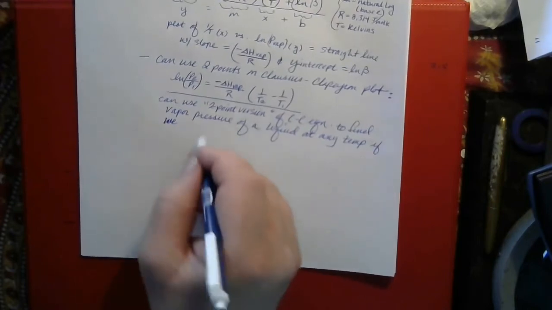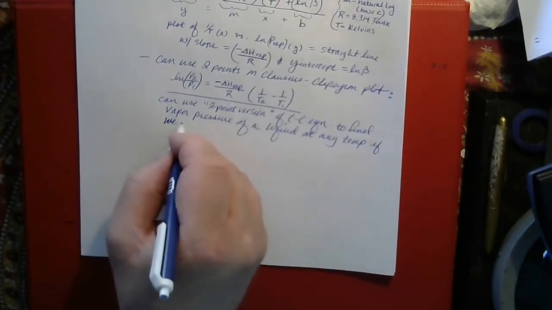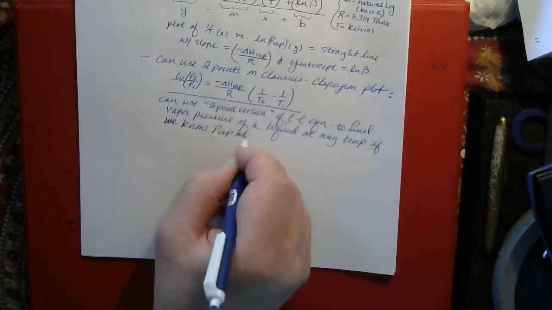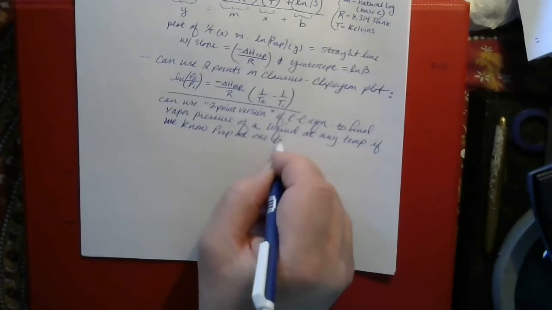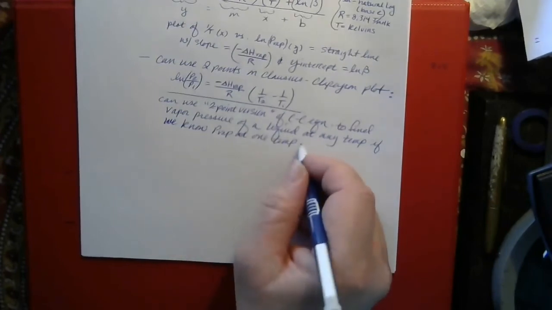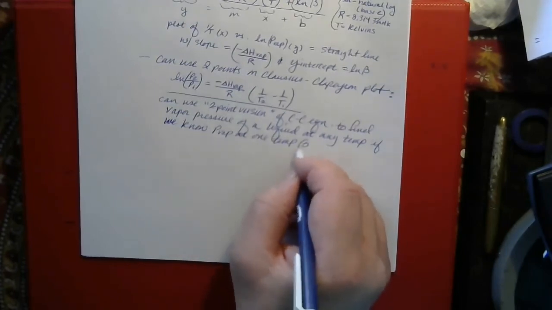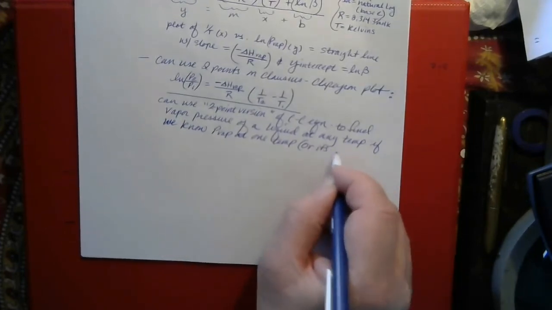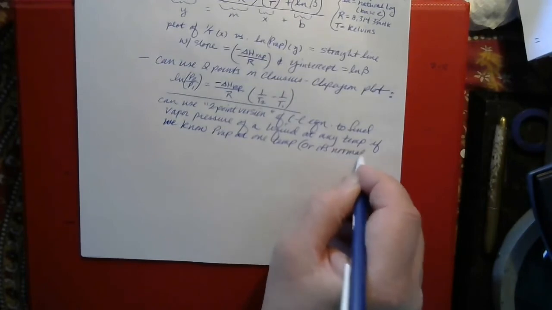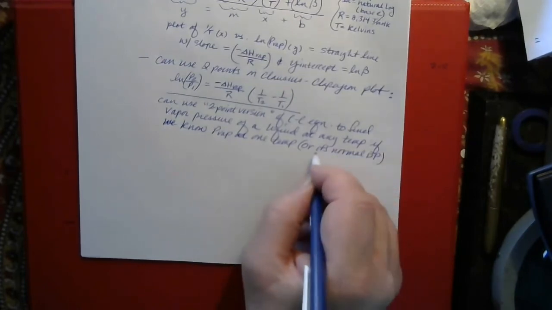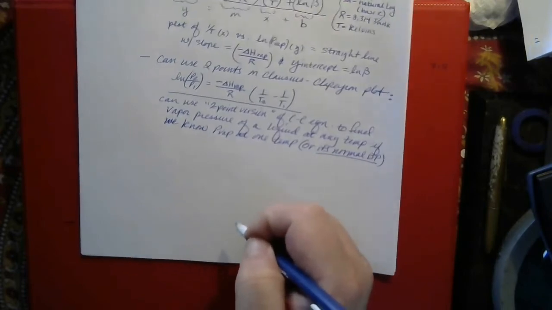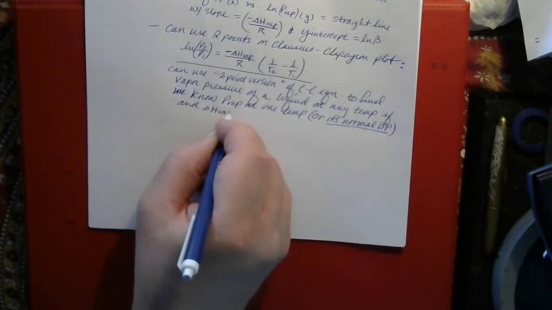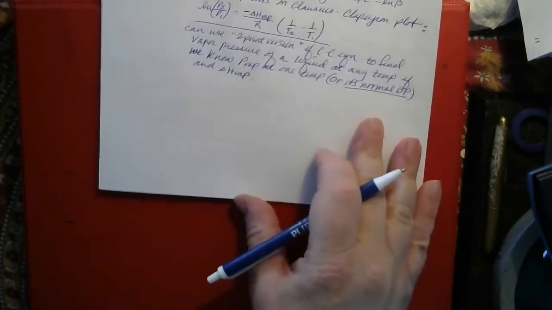And all we need to know is the vapor pressure at another temperature, or the substance's normal boiling point, and its heat of vaporization.